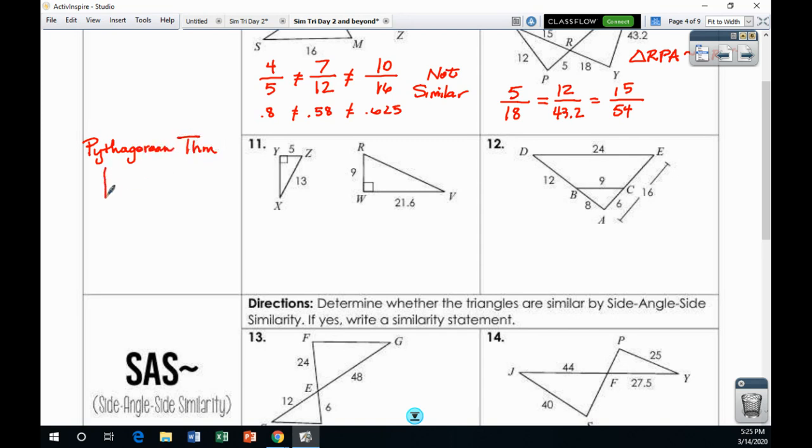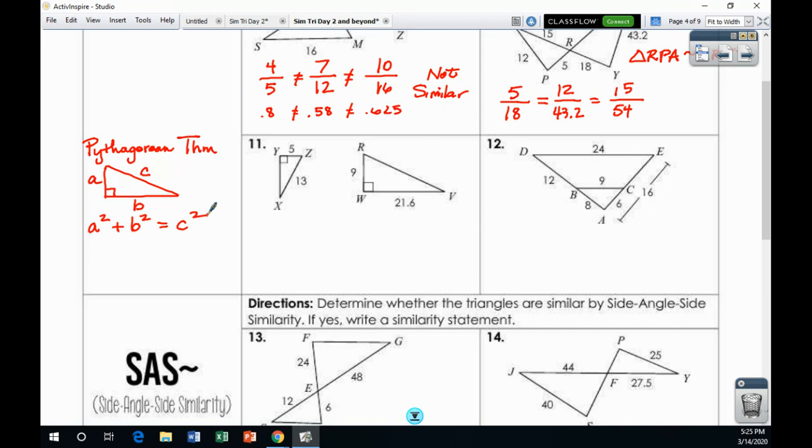Remember the Pythagorean theorem from Algebra 1? If a triangle is labeled with sides A, B, and C, where C is the hypotenuse, then this relationship is true: the sum of the squares of the 2 legs is equal to the square of the hypotenuse. So A squared plus B squared equals C squared.